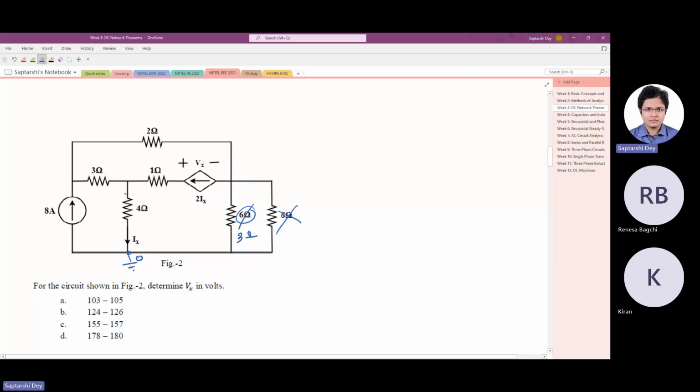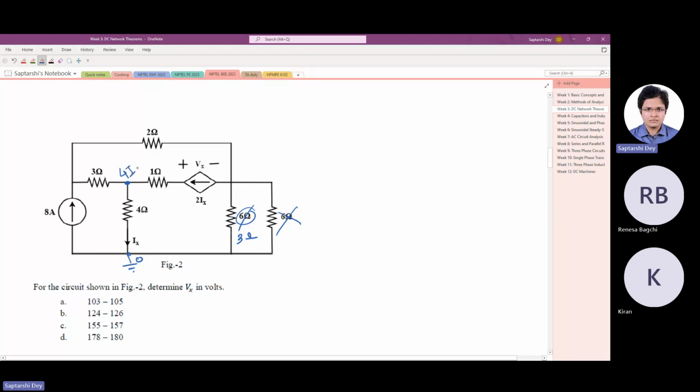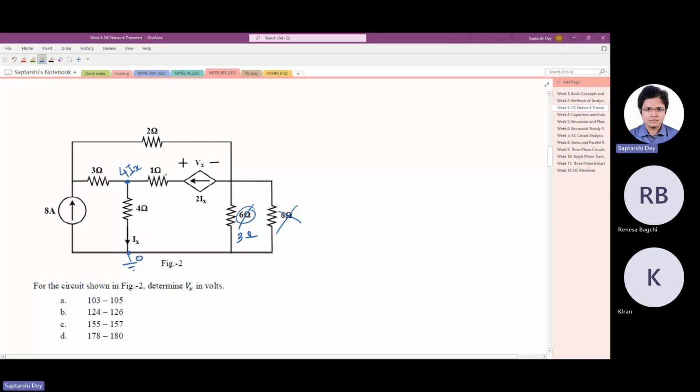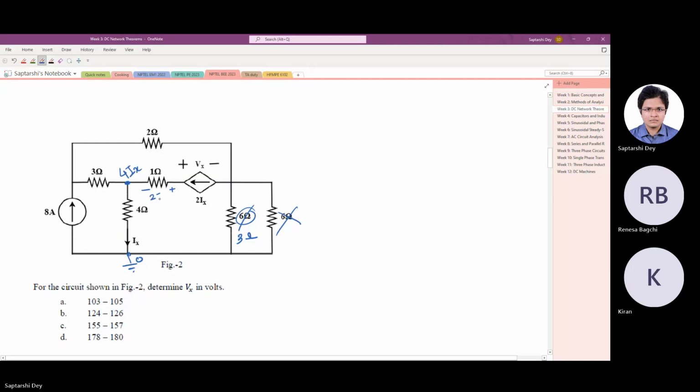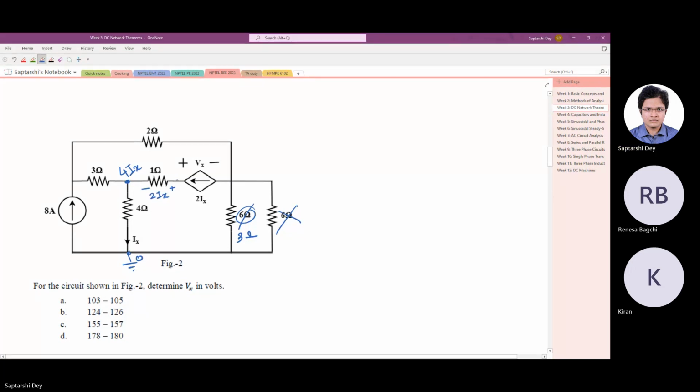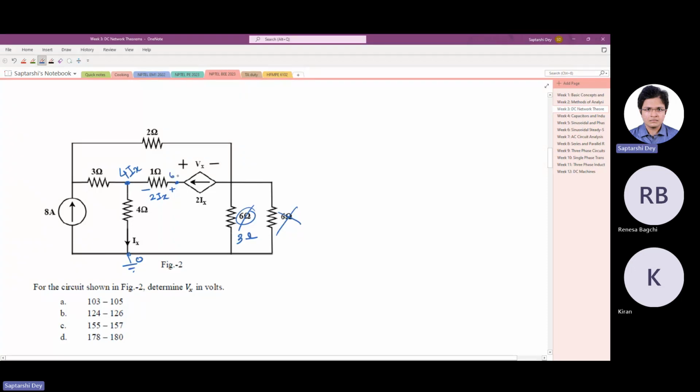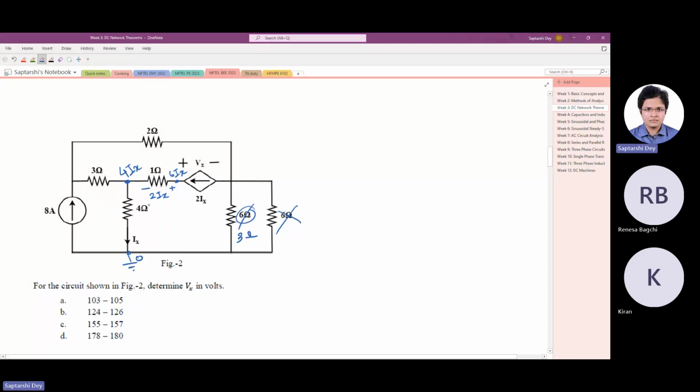If this is Ix, then the voltage of this point must be 4Ix, right? And this is 4Ix, and there is a drop of 2Ix. So this is 6Ix.